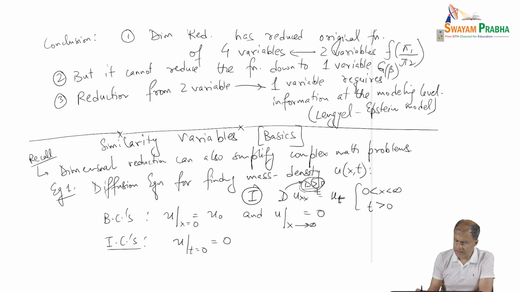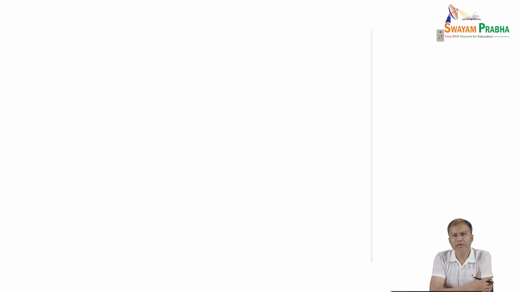Then the idea is we want to solve this problem using dimensional analysis, and let us see what happens. People with knowledge of PDEs must have seen the solution to this equation, and it will now be easy to compare how close the dimensional analysis takes us to the original solution to this problem.